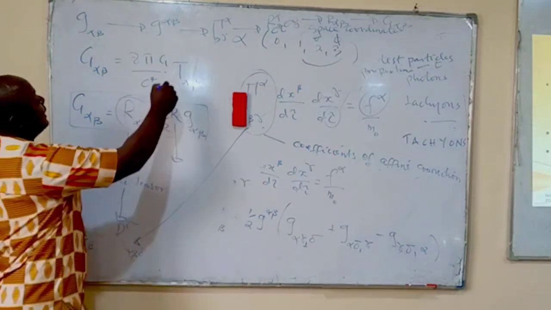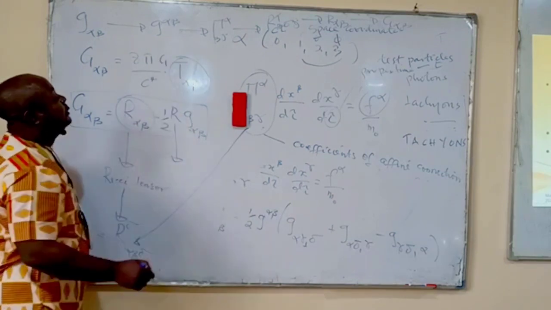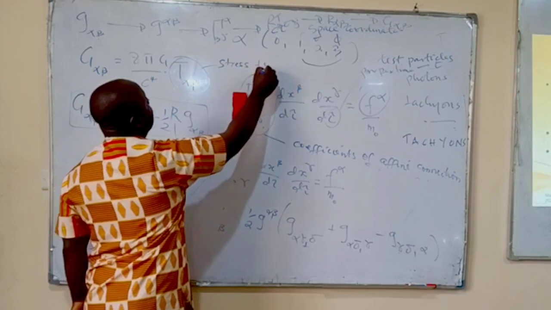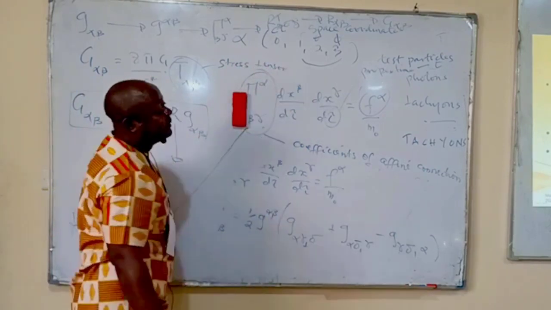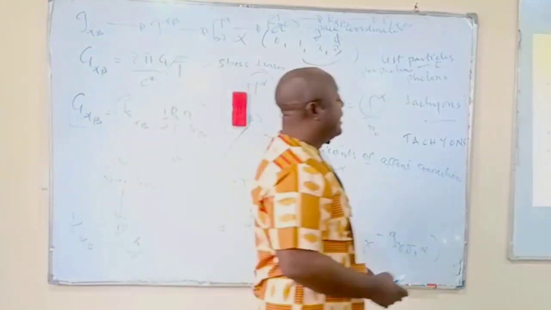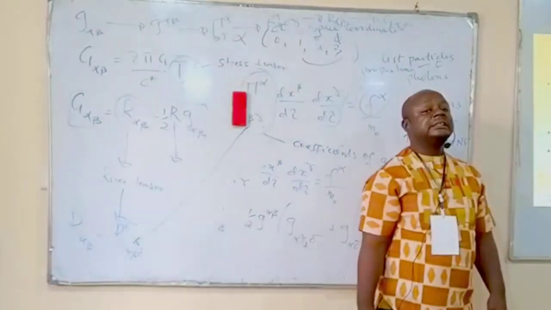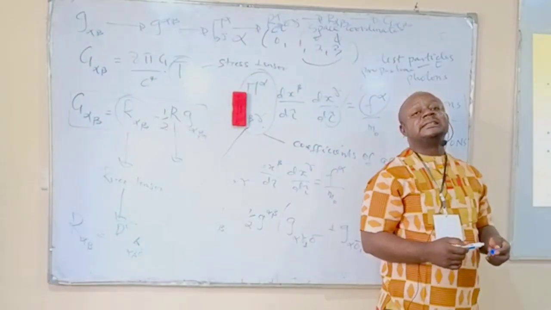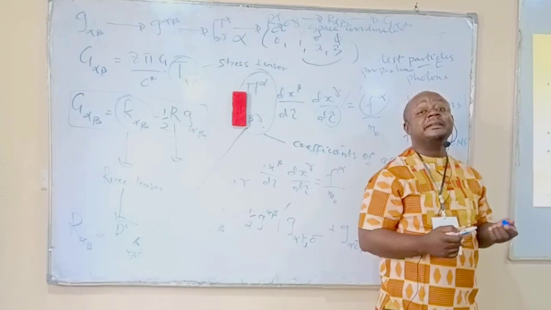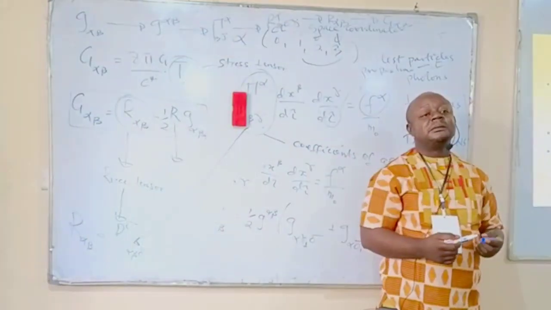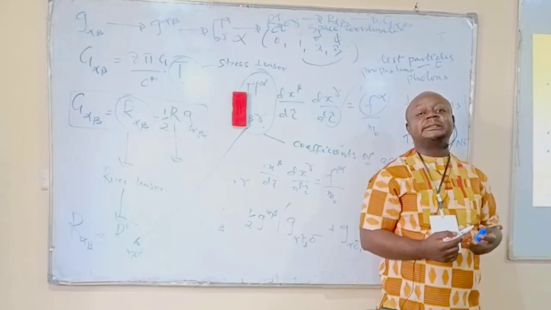And then on the right hand side, we have this tensor, which we call the stress tensor. And when you come to the stress tensor, you also see mass density. That's another argument again. How can you define a tensor in terms of a dynamical quantity?